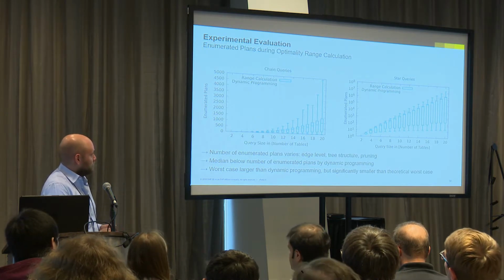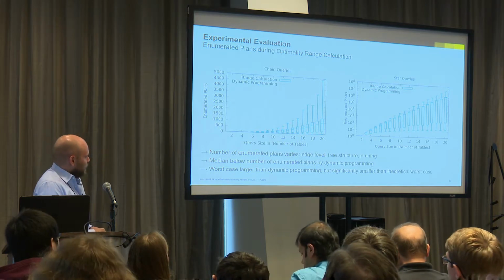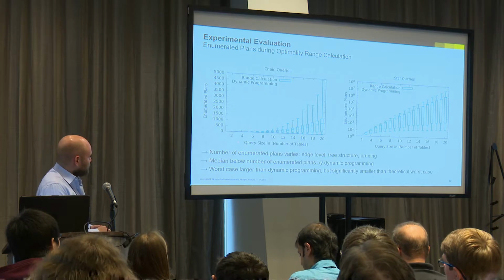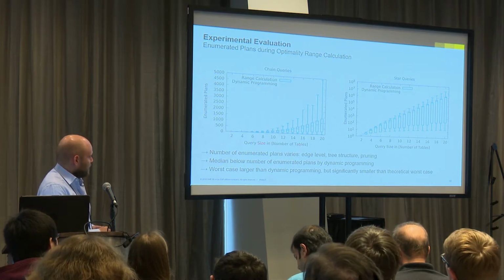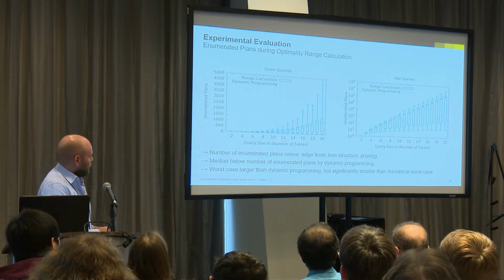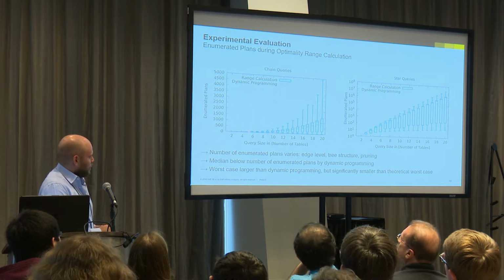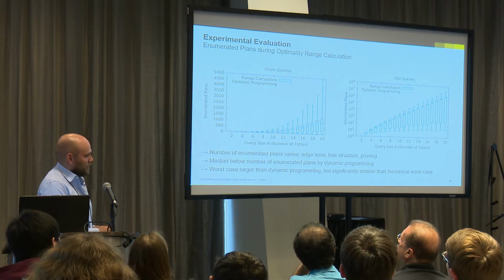We also did some experimental analysis on the effort to calculate that. We have here the query size, the number of tables, on the x-axis, and the number of enumerated plans on the y-axis. We show optimality range calculation as box plots, and we also show dynamic programming optimization as a kind of baseline.